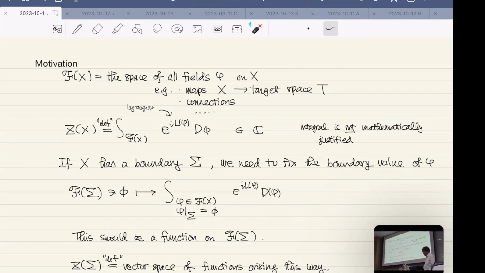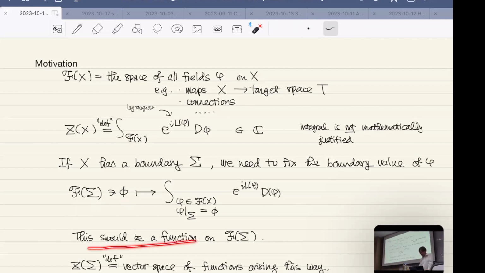Then once you fix small phi, this boundary condition, you consider this integral. This integral is a complex number, but the boundary value phi could be arbitrary. So it is a function of phi, where phi is a field on Sigma, and Sigma is the boundary. If you fix phi, you get a complex number. So in this way, you get a function on the space of fields on Sigma.